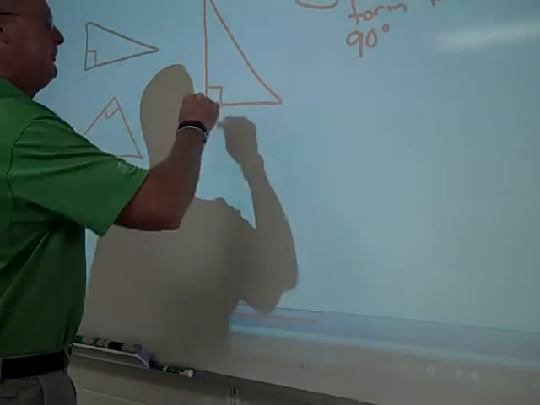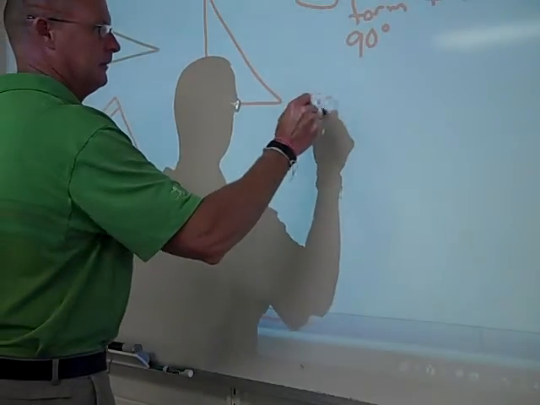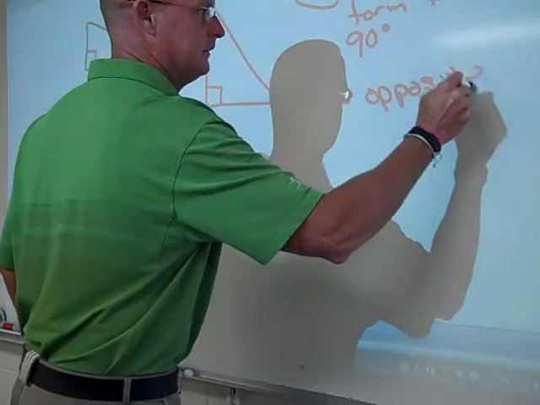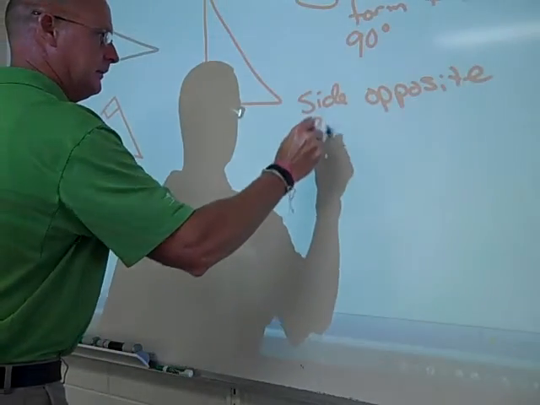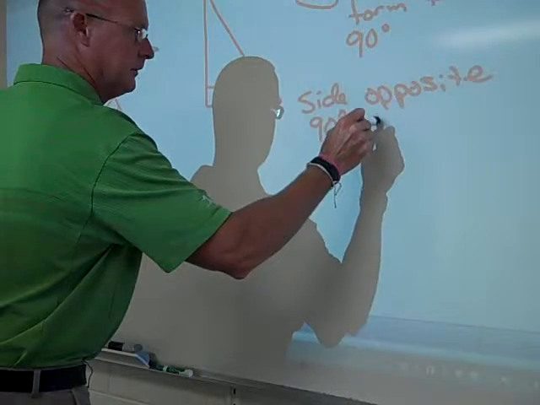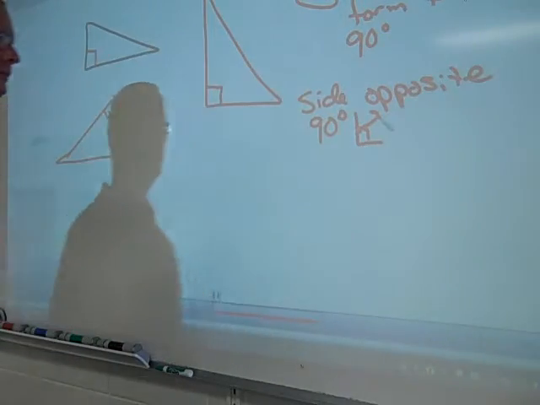And the side opposite the right angle is called your hypotenuse.